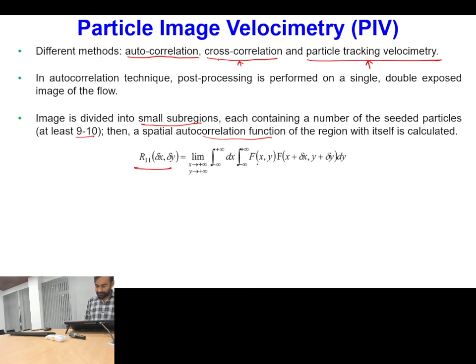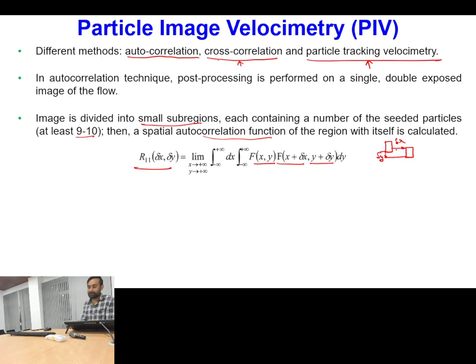So say f of x, y and then f of x plus delta x, y plus delta y. What you are doing basically is, say you have one subregion here, and in the new frame you create a subregion like this, which is displaced by delta x in the x direction and delta y in the y direction, and then you find the cross correlation function.